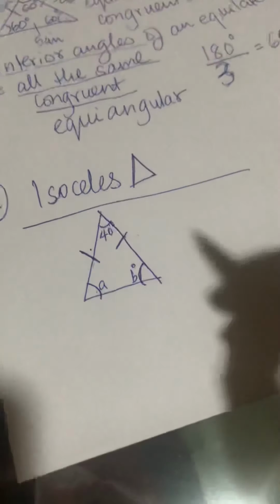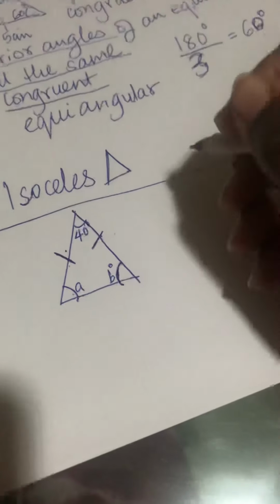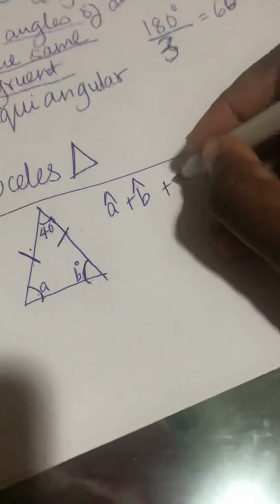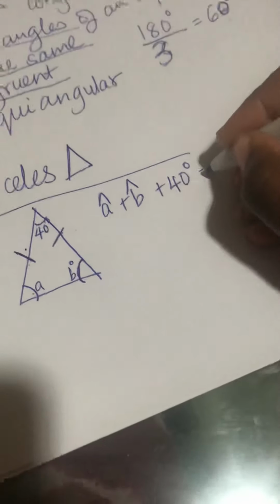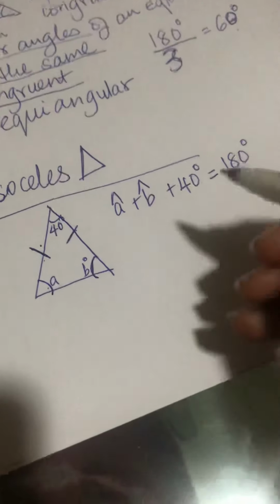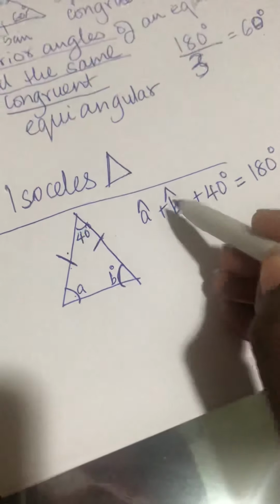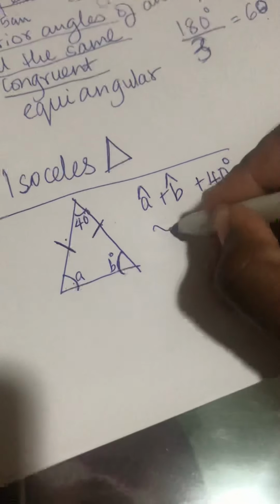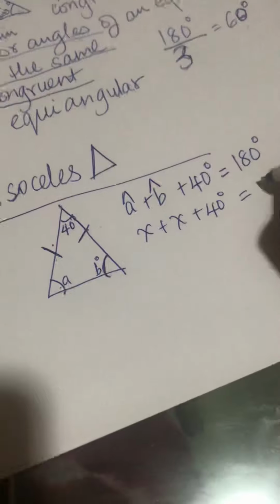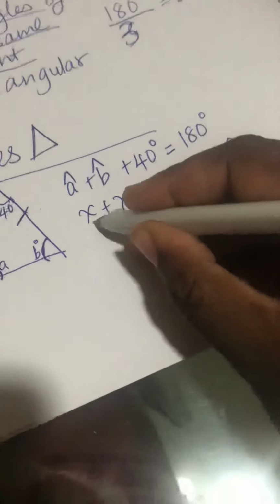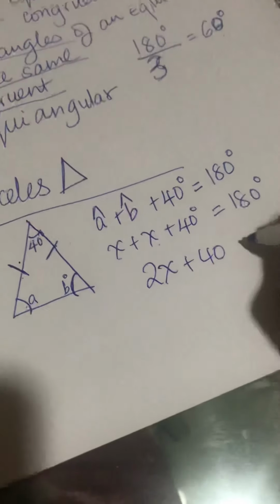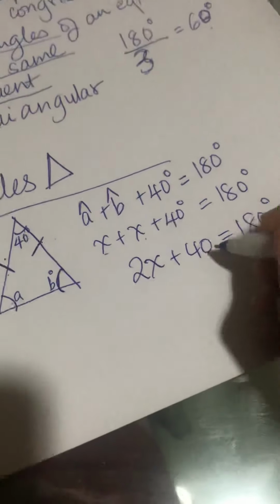How will I find? I should know that angle A plus angle B plus 40 degrees equals 180 degrees. Because A and B are the same, I am going to use the same letter. So x plus x plus 40 degrees equals 180 degrees. 2x plus 40 equals 180 degrees.